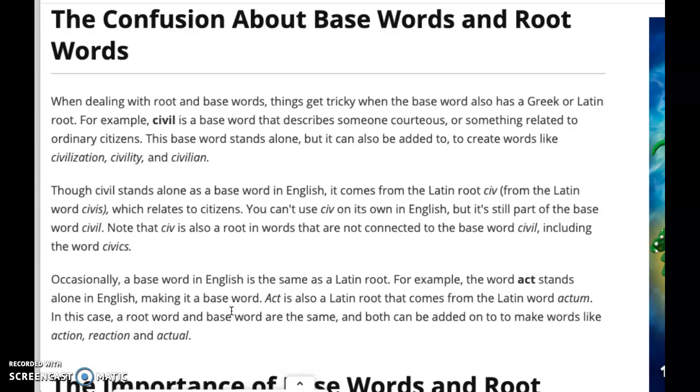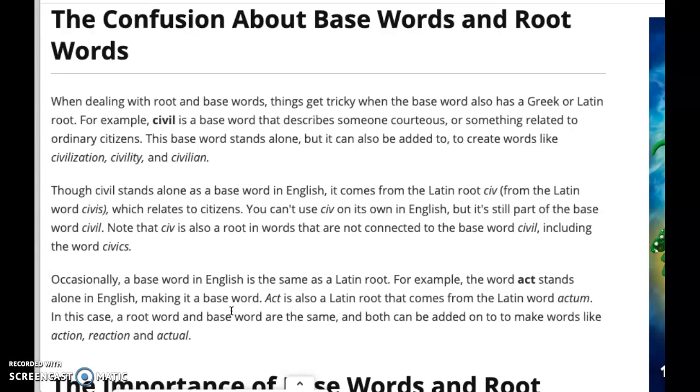Though civil stands alone as a base word in English, it comes from the Latin root civ, from the Latin word civis, which relates to citizens. You can't use civ on its own in English, but it's still part of the base word civil.